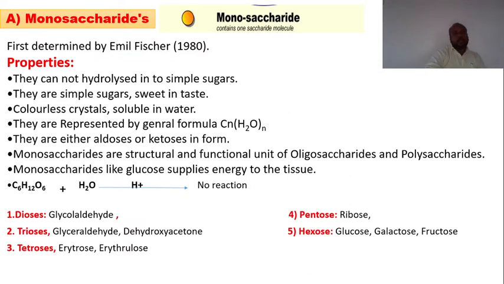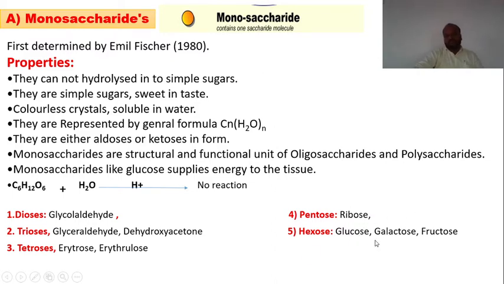And the monosaccharide is again classified on the basis of the number of carbon atoms. We already have dioses, trioses. For dioses, the example is glycoaldehyde. For trioses, the examples are glyceraldehyde and dihydroxyacetone. Then tetroses, that is erythrose and erythrulose. Pentoses are ribose and ribulose.